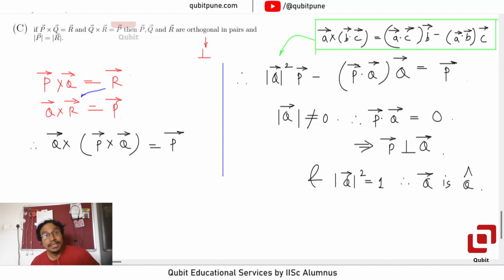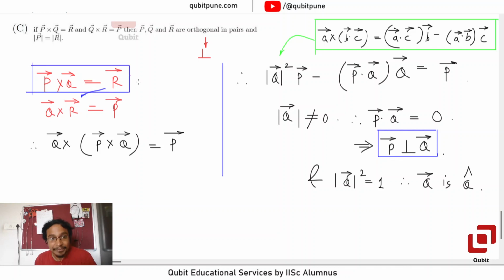Now look here, combining P bar perpendicular to Q bar with this. Let's say I call this C1, and let's say I call this C2.